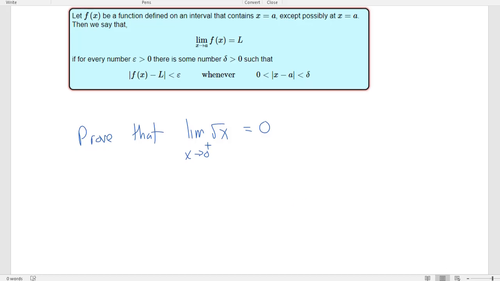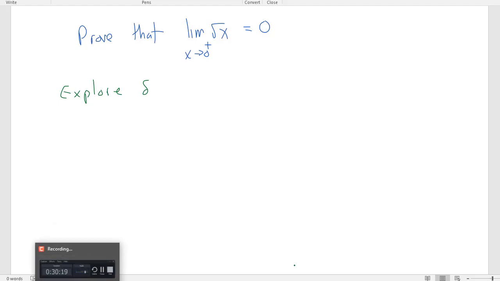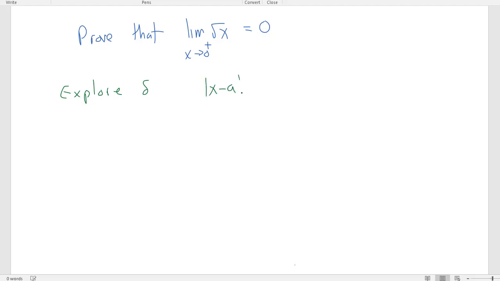Just like in the last example, we do a little bit of exploration. Remember, the purpose of this exploration is finding values of delta. So I want to explore the relationship between delta and epsilon. In general, we look at |x minus a| less than delta when |f(x) minus L| is less than epsilon.